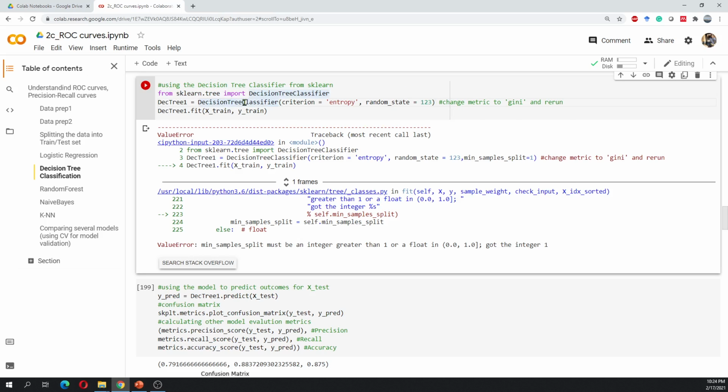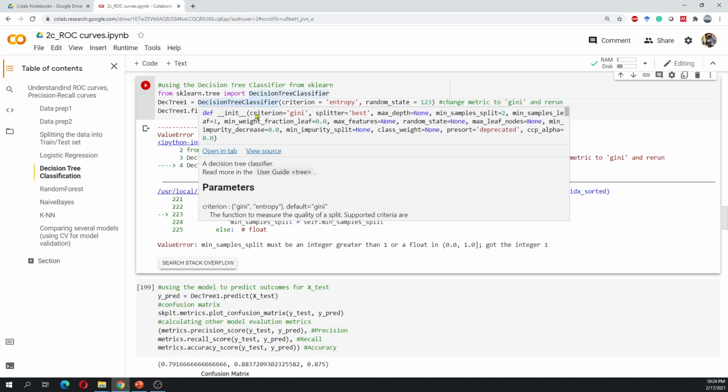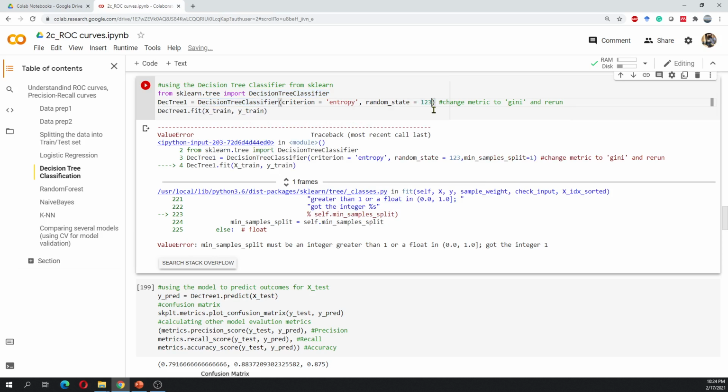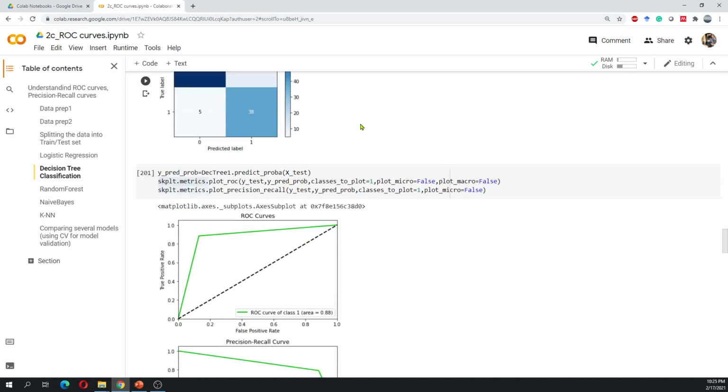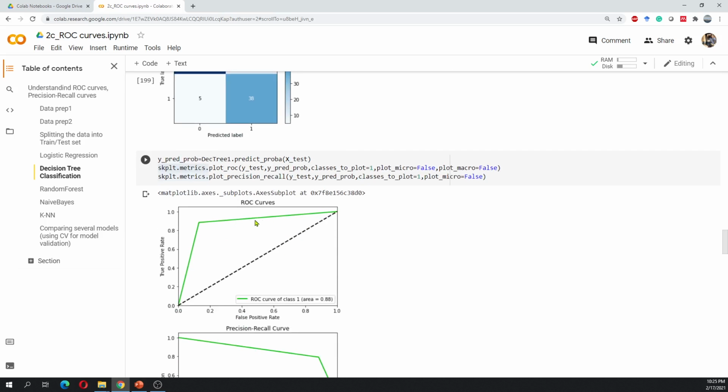So let me see if I can reduce the number of minimum samples. Min samples leaf, default is 1, so now it doesn't. I wanted to allow it to further split if possible and see if it would create more thresholds.